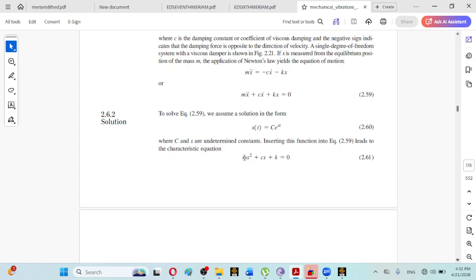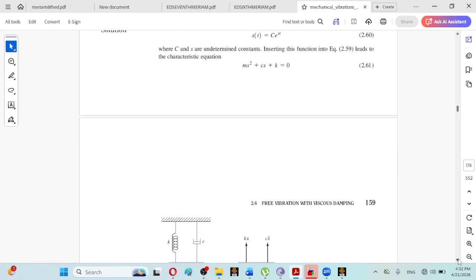We can also call it the frequency equation because this equation directly gives the frequency, as we will observe later on. As we can observe here, this equation is quadratic in s: ms squared plus cs plus k.